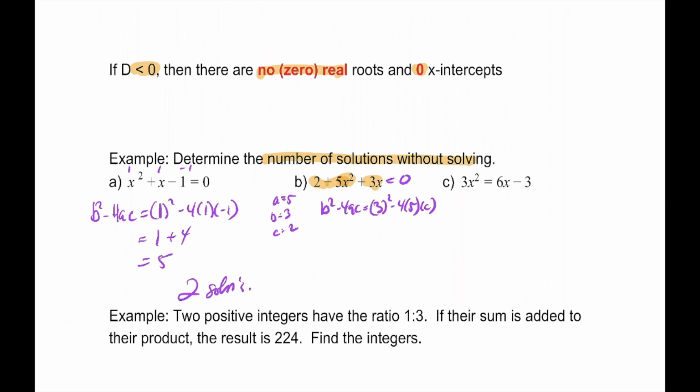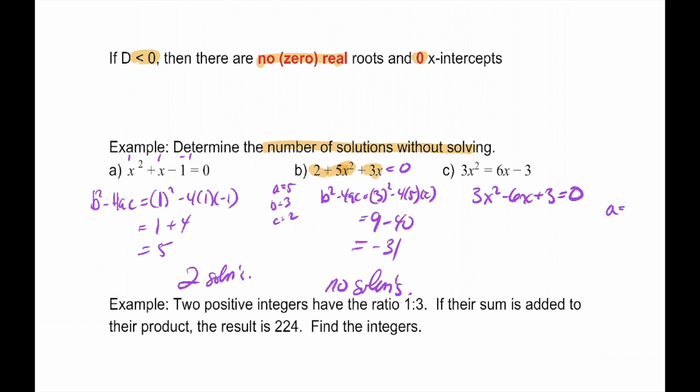Last example, gotta again make sure that one side is equal to 0. So we're going to get 3x squared minus 6x plus 3 is equal to 0. One thing I noticed right away, we're going to factor out a 3, but we'll just leave it as is. So here a is going to be 3, b is minus 6, and c is 3.